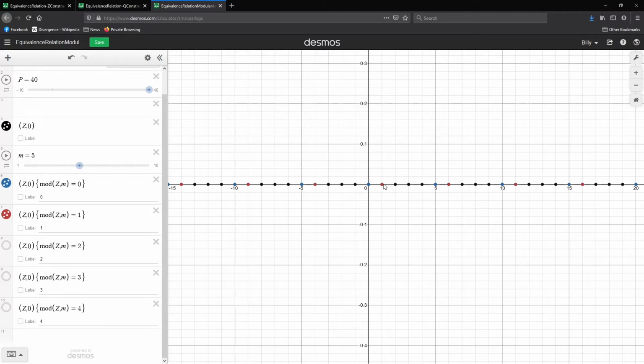1 is congruent to 1 mod 5. 6 is congruent to 1 mod 5. Negative 4 is congruent to 1 mod 5. So it's all these red dots right here. All the purple dots are 2. So 2 is congruent to 7 mod 5, which is congruent to 12 mod 5, and so on and so forth.